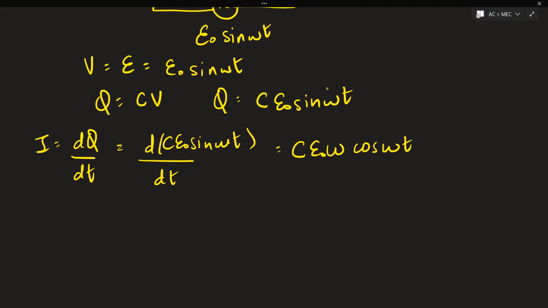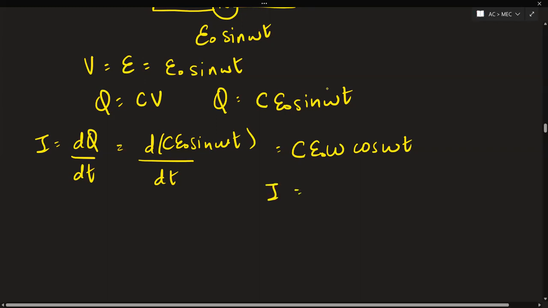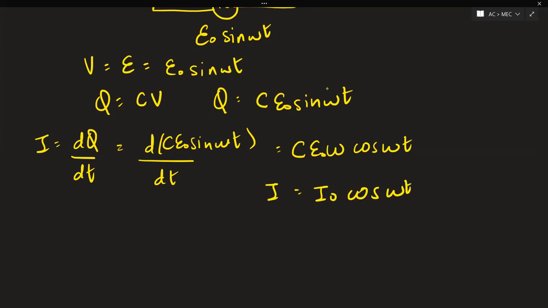Now, if you have to write current in terms of sine, how will you write it? This is a constant term. If you compare it with this equation, it becomes I naught cos omega t, where I naught has this value.